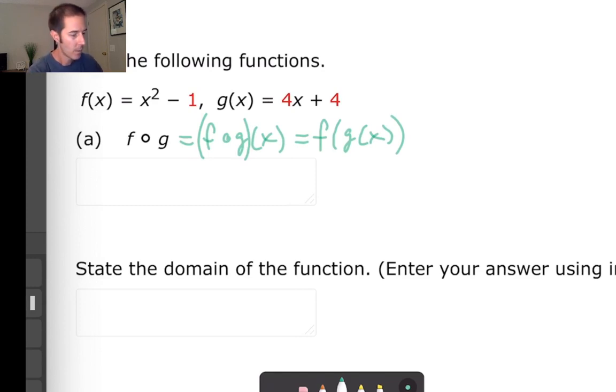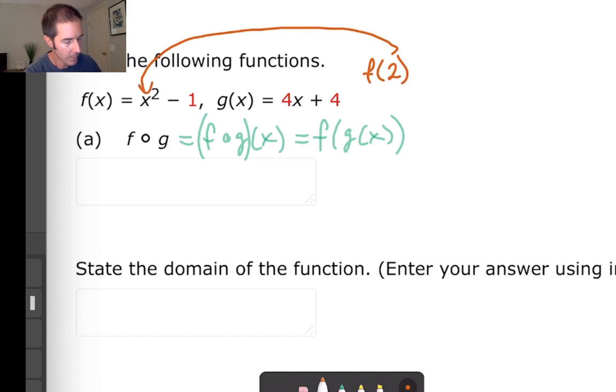If I were working with these same two functions and the request was for f of 2, what would I do with the number 2? I would certainly take it and plug it in place of x, because this x had been changed into a 2. If I change the first x into a 2, I change all of them into a 2.